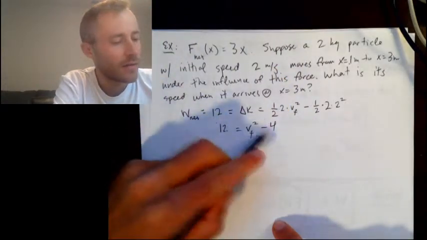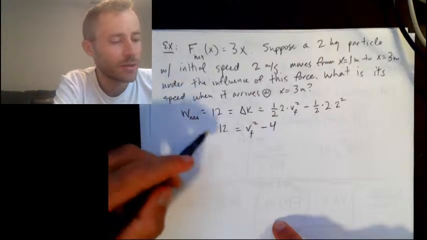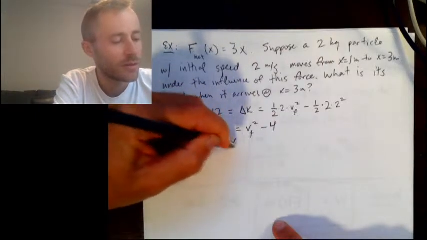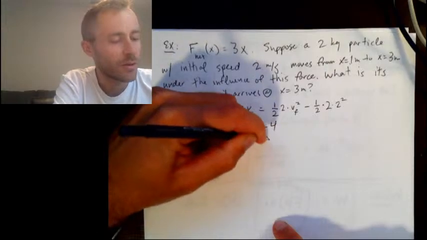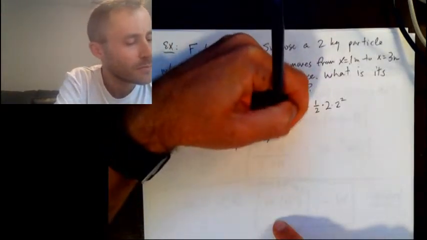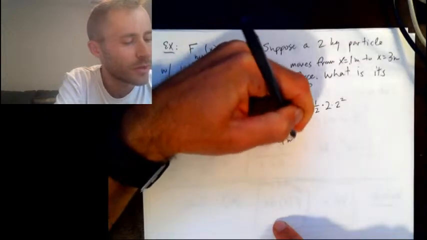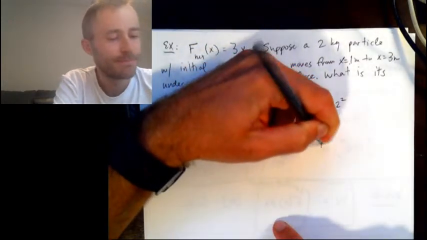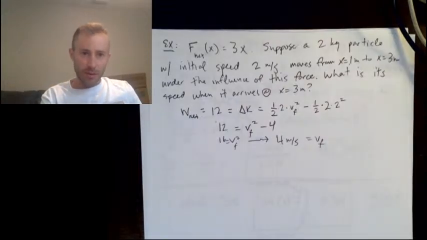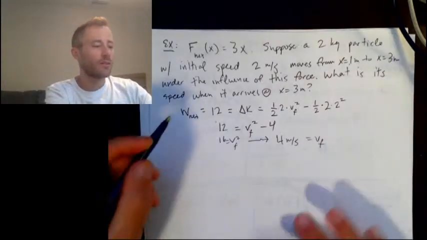Add that over to the other side, and we get 16 equals v final squared. Taking the square root gives us 4 meters per second as the final speed. So that's an example of an application of the work kinetic energy theorem.